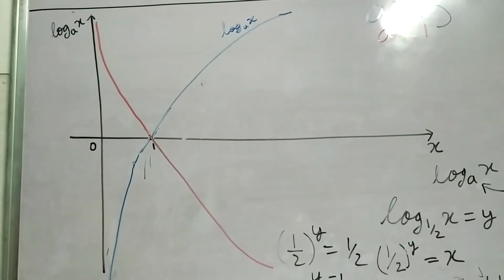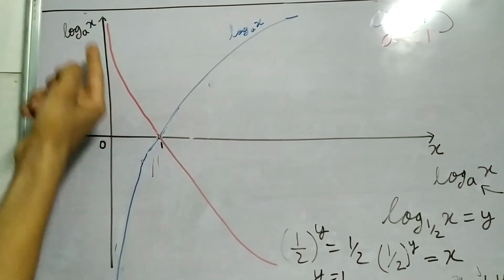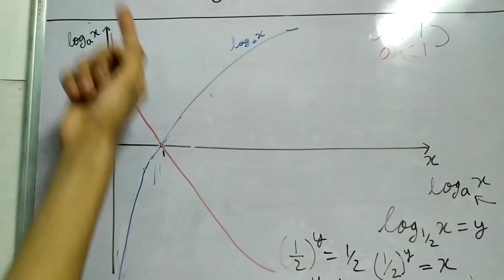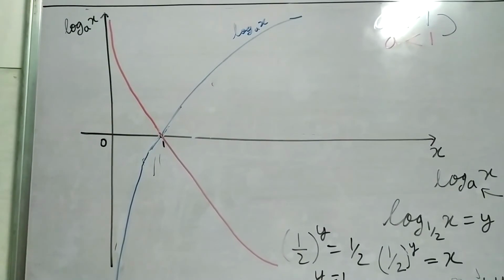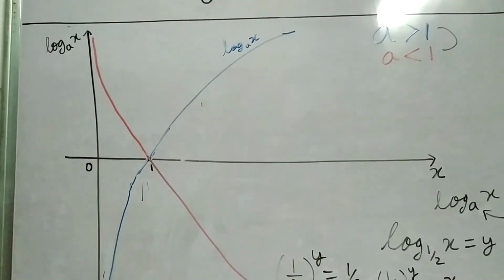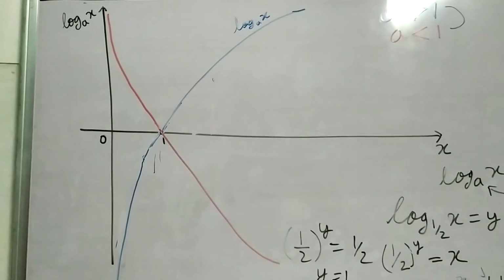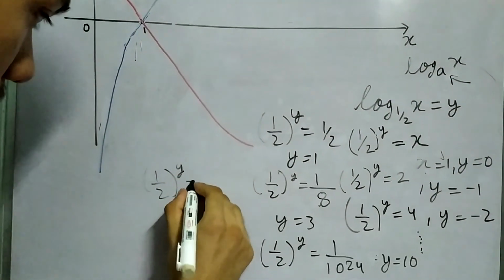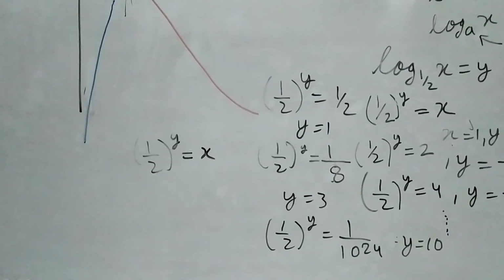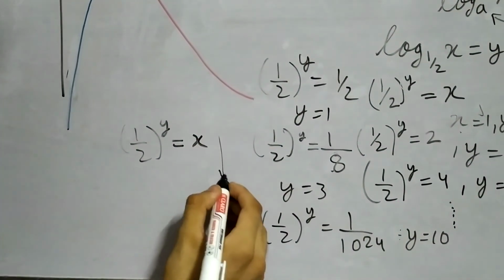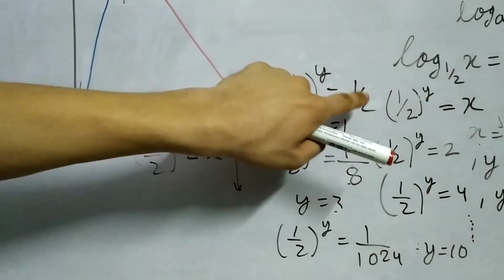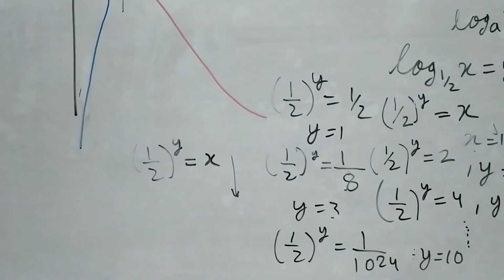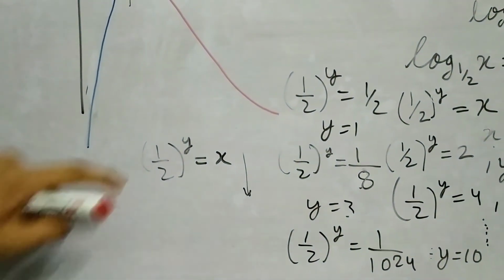Now how do you explain this part? The same reasoning. This curve which shoots to positive infinity, how to explain this? The reasoning is extremely similar: (1/2) to the power y is x. If x goes smaller and smaller, we saw how x went smaller and smaller, 1/2, 1/1024, y increased.